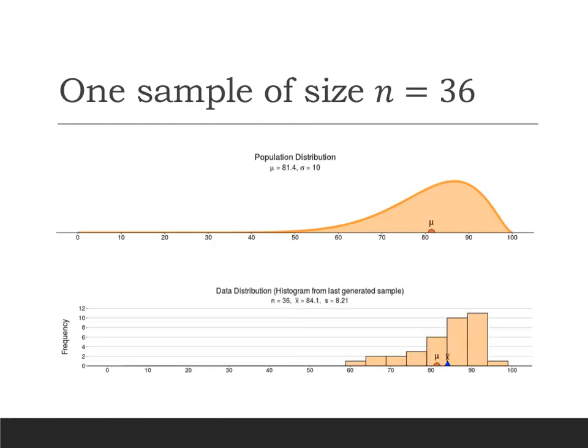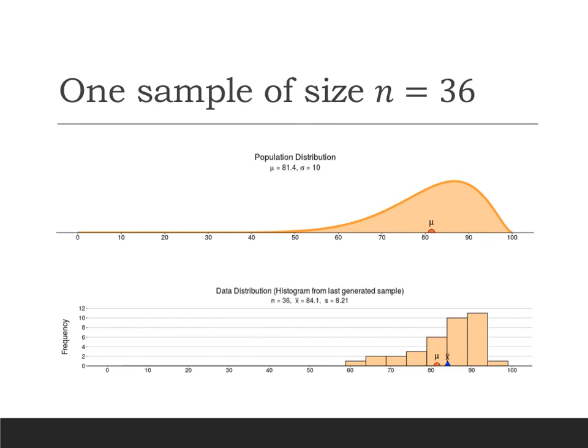All right, so before we look at the sampling distribution, I just wanted to show one more time. This is our population distribution on top. This is what we started with at the very beginning. It's just our very left skewed distribution with a mean of 81.4 and a standard deviation of 10. Here is a single sample of 36 that was taken.